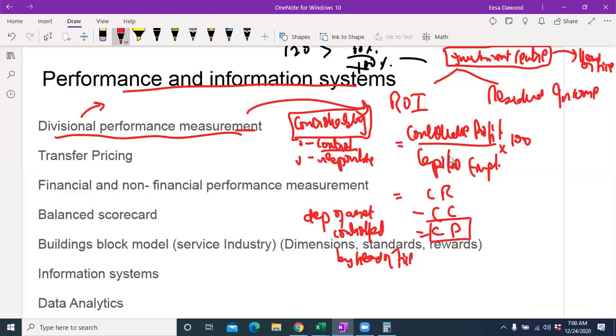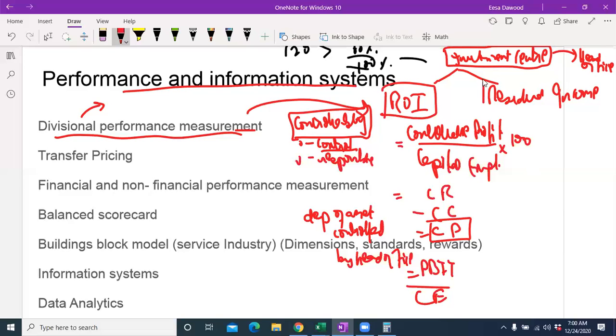That's the controllability principle. What revenues he cannot control, you cannot trace to him while assessing his performance. What cost he cannot control, you cannot hold him responsible for. And there's another formula, which is profit before interest and tax divided by capital employed, when you're measuring the performance based upon ROI.